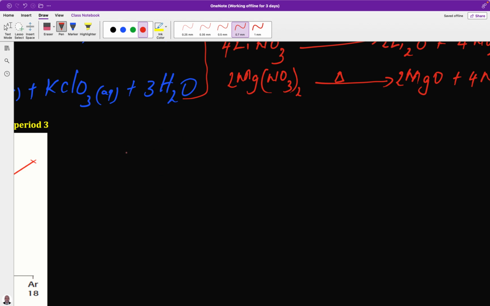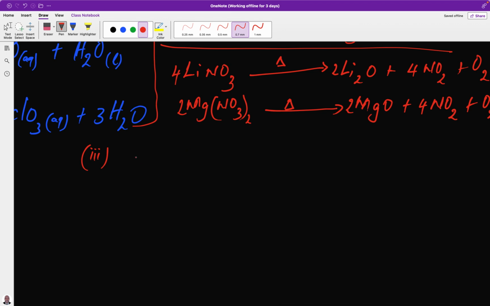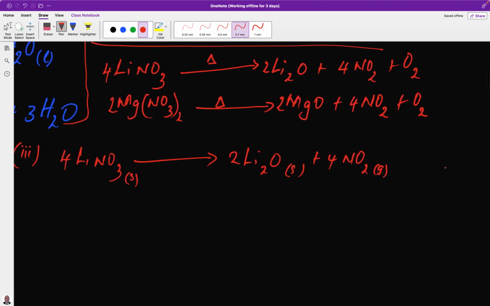Lithium nitrate, like the one we just mentioned above, we will have 4 lithium nitrate giving a solid, lithium oxide, plus 4 nitrogen dioxide, which is a gas, and oxygen, which is also a gas.